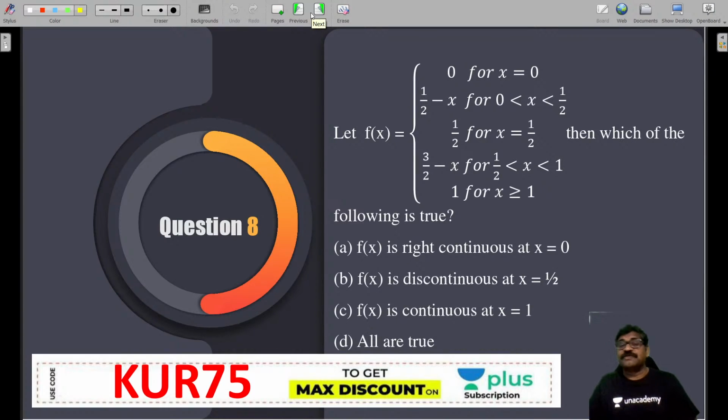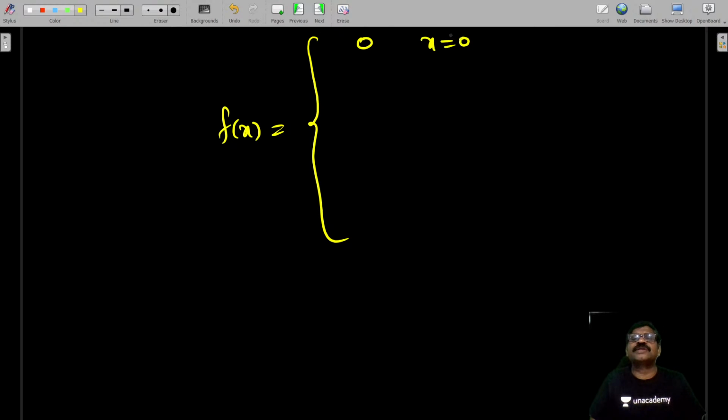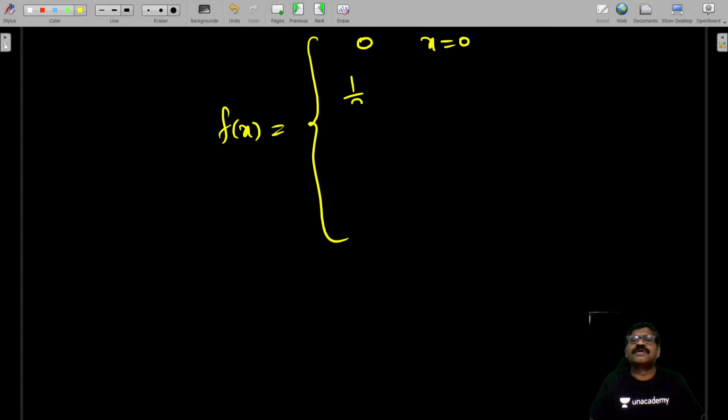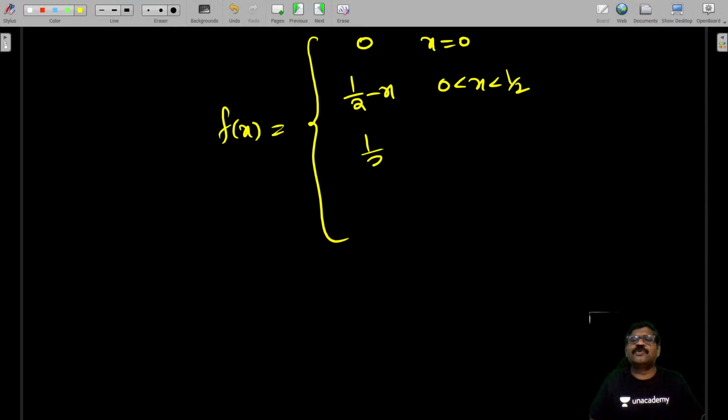Consider the function f of x equal to 0 for x equal to 0. F of x equal to 1 by 2 minus x in the interval 0 less than x less than 1 by 2, which is 1 by 2 at x equal to 1 by 2.